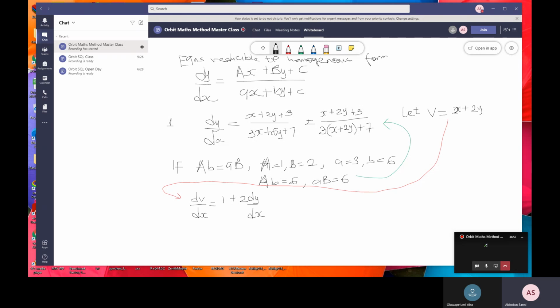All right, now let me try to simplify this answer. So here I have 2 dy/dx is now equals to dv/dx minus 1, right?